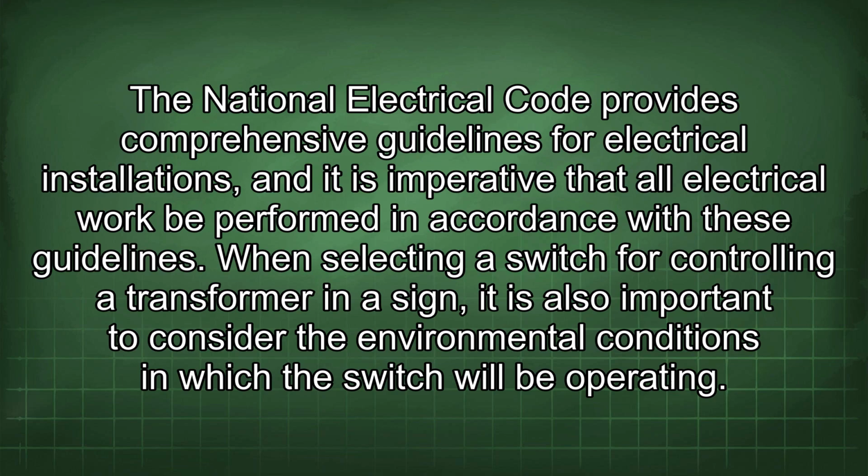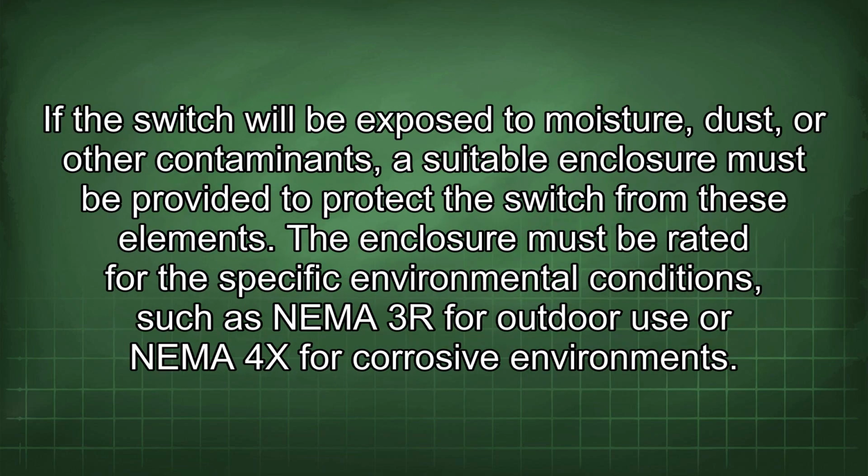When selecting a switch for controlling a transformer in a sign, it is also important to consider the environmental conditions in which the switch will be operating. If the switch will be exposed to moisture, dust, or other contaminants, a suitable enclosure must be provided to protect the switch from these elements. The enclosure must be rated for the specific environmental conditions, such as NEMA 3R for outdoor use or NEMA 4X for corrosive environments.